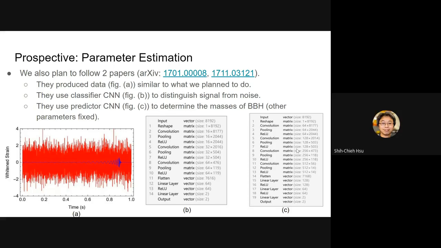Sorry, I think they just do a classifier, right? They did not do PE. No, figure C is a PE, and since they only determine the masses of the two black holes, the output size is also 2. Okay, got it. So in principle, you can expand this, because the model probably has 15 parameters, right? Yes, instead of just 2 parameters. Okay.